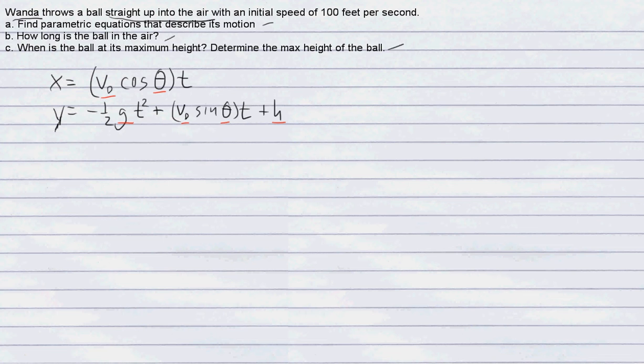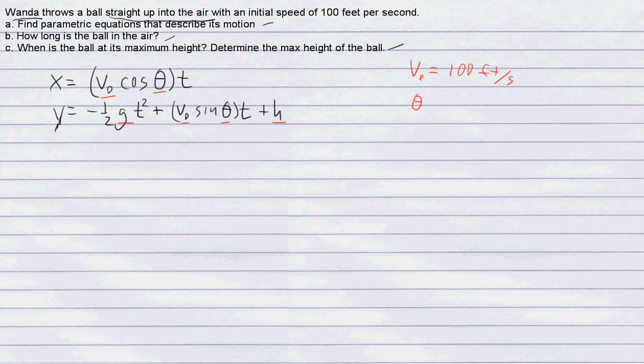So we can gather all the information needed. V naught, the initial speed, is given as 100 feet per second. Notice that the information here is given in imperial units. Theta is the initial angle.